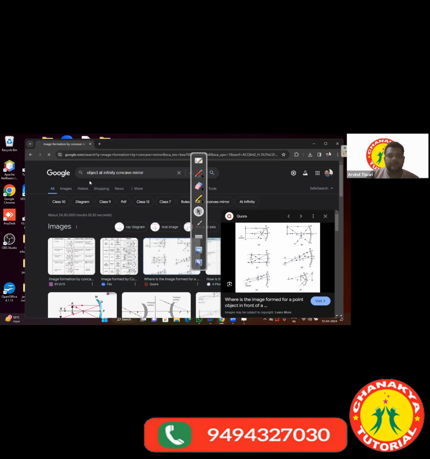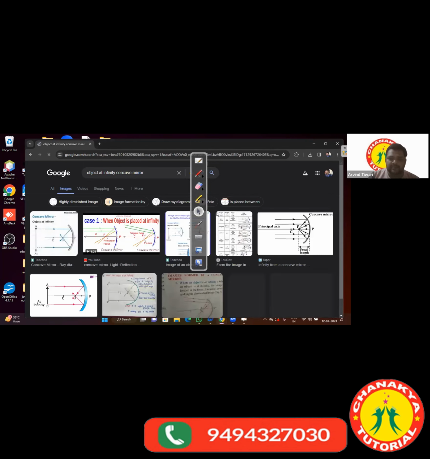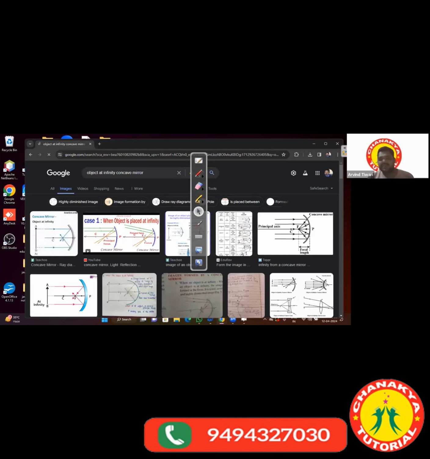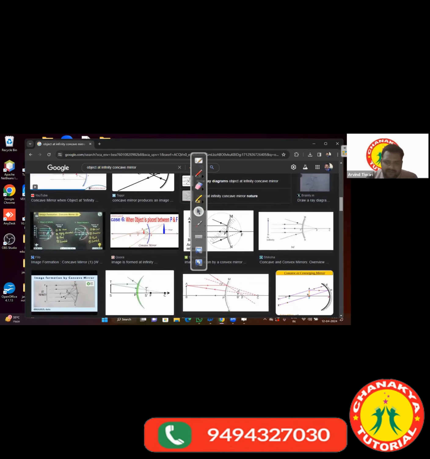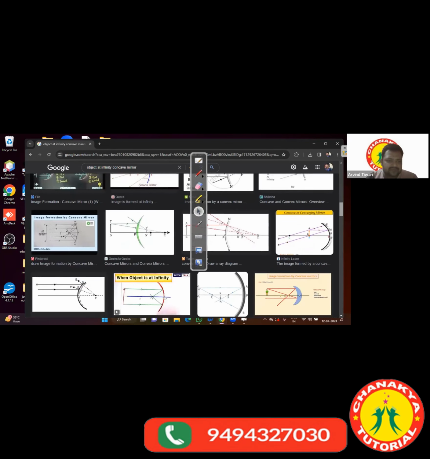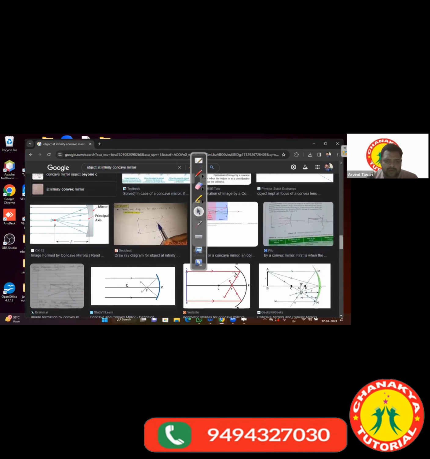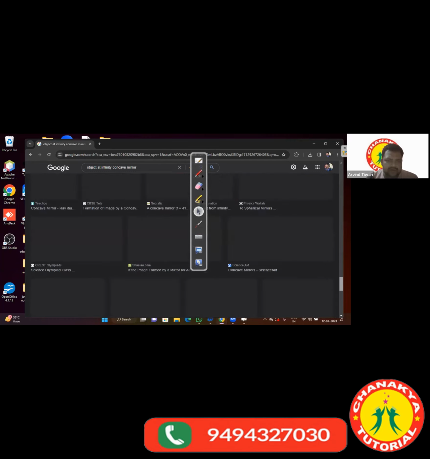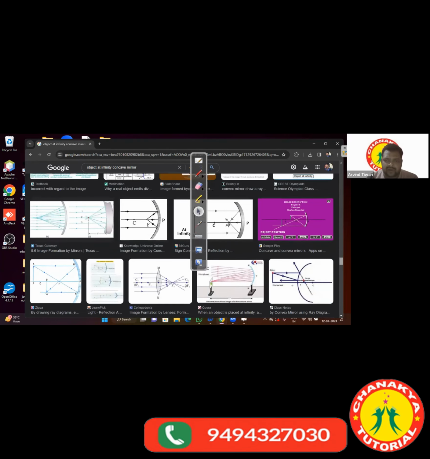Basically, I want to show you some good images which can be obtained like this. They are the ray diagrams. No, I don't want the ray diagrams.